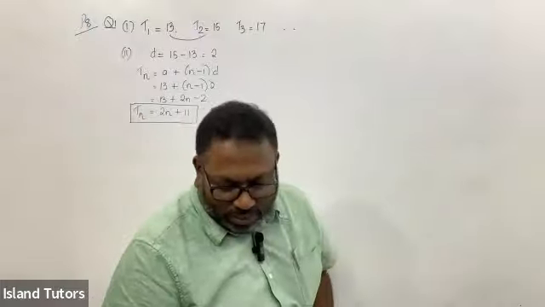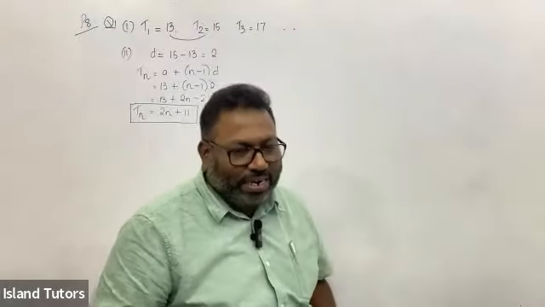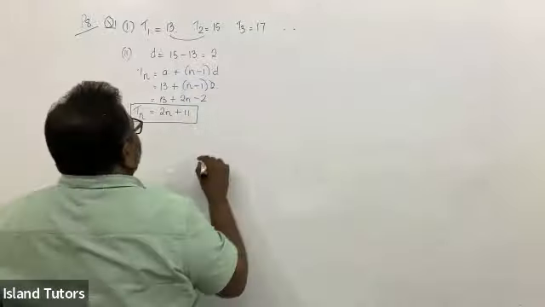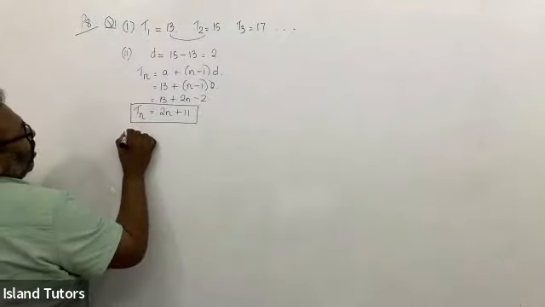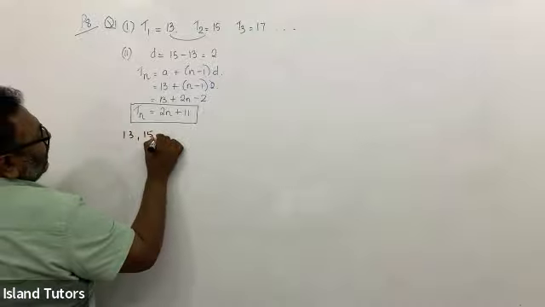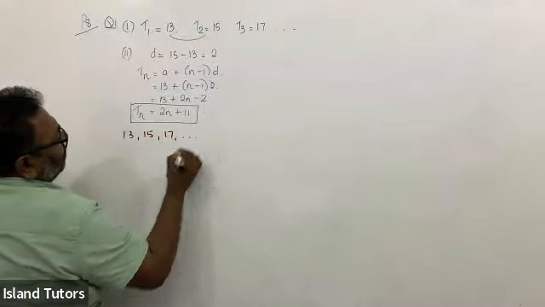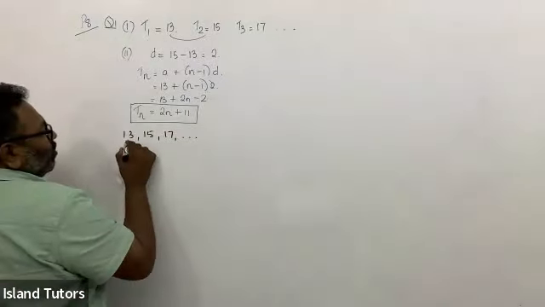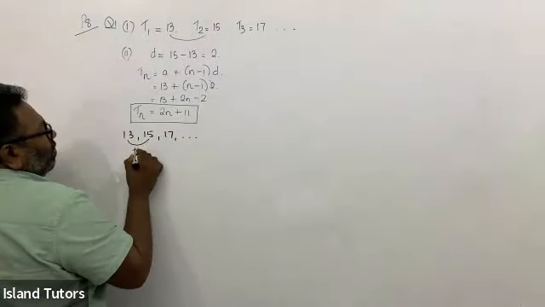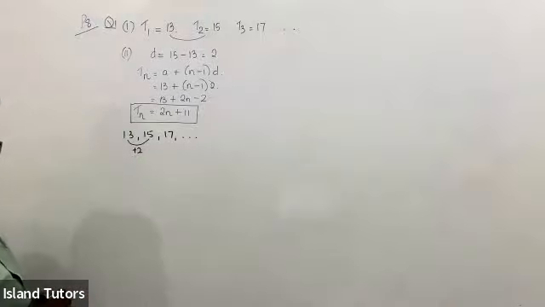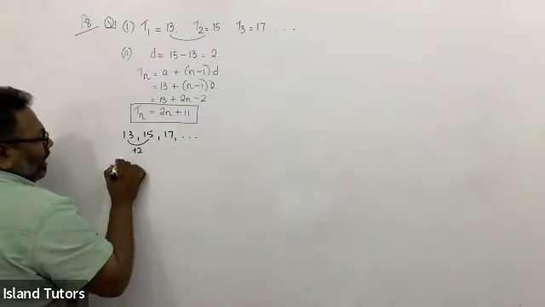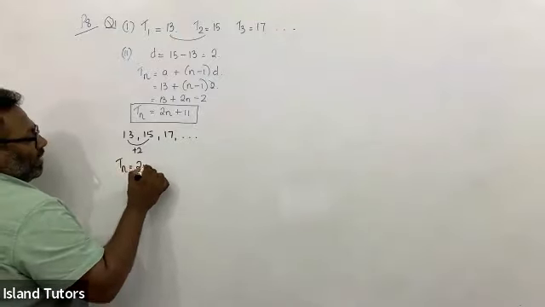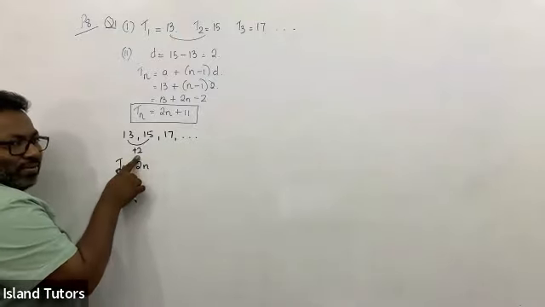There is another way you can do the general term. You can easily find it by doing this. So here I'm just going to do it again. You know your terms are 13, 15, 17, and so on. What is the difference between these two? Plus 2. So therefore your general term is Tn is equal to 2n straight away, because this is your difference.